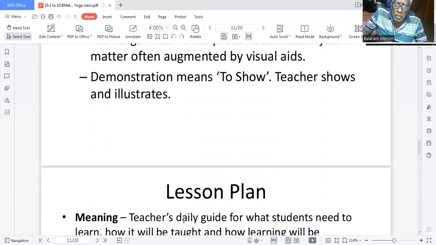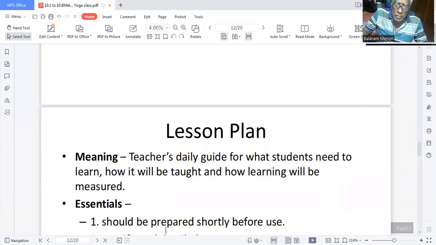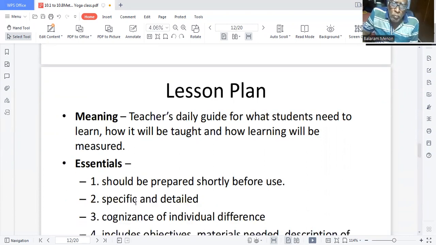Okay. Lesson plan. Here it means the teacher's daily guide for what students need to learn, how it will be taught, and how the learning will be measured. Essentials: what are the essential qualities? It should be prepared shortly before use.